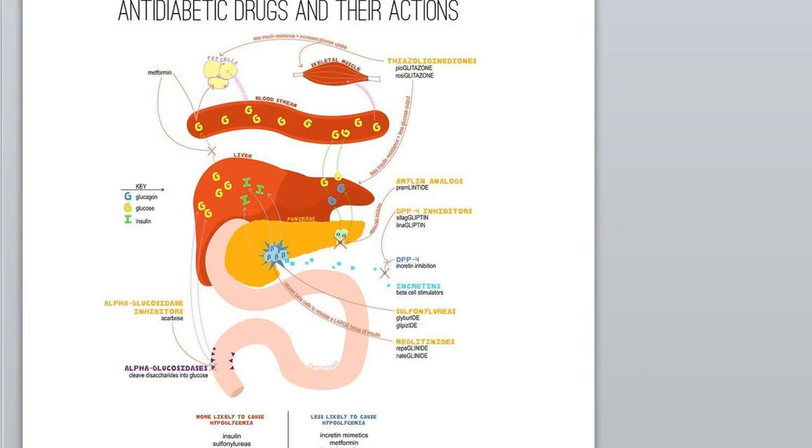Should not use with sulfa or thiazide diuretics, and of course use cautiously in our patients that have any renal or liver problems. Got to be careful with a lot of the herbal supplements that your patients may take, like ginseng or garlic or black cohosh. It could interfere with the action of glyburide, which is a sulfonylurea.